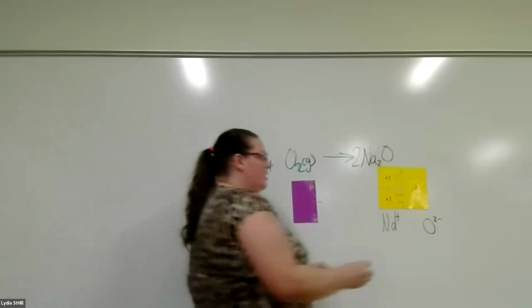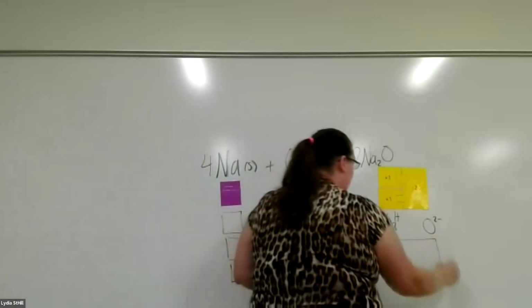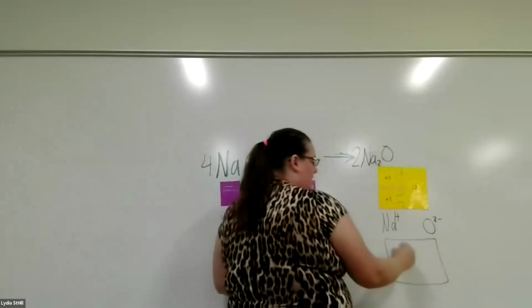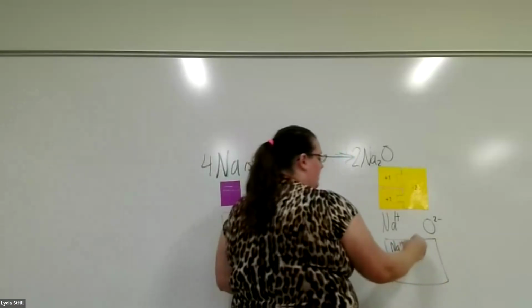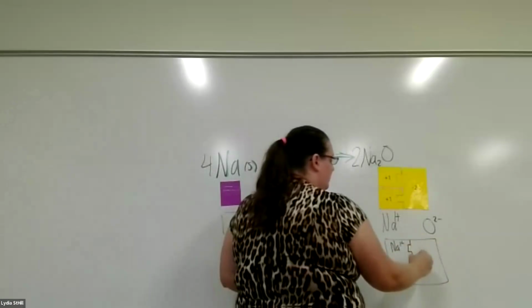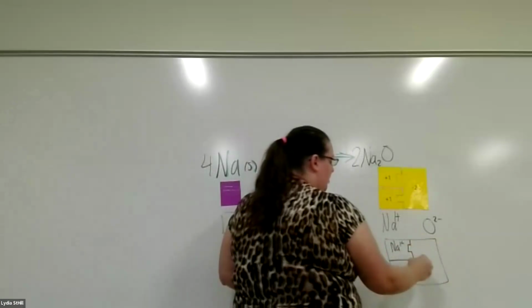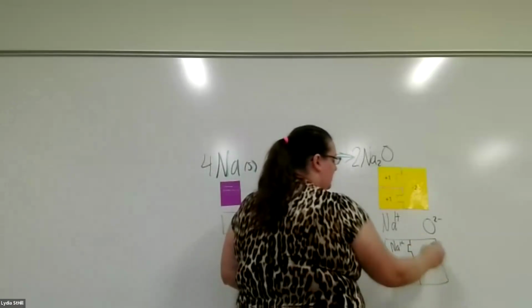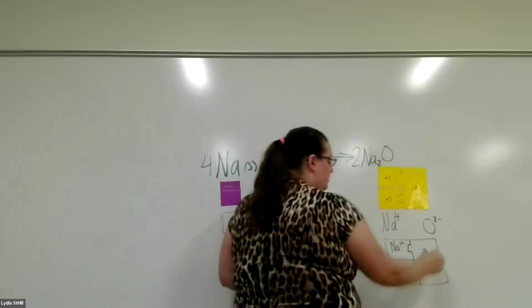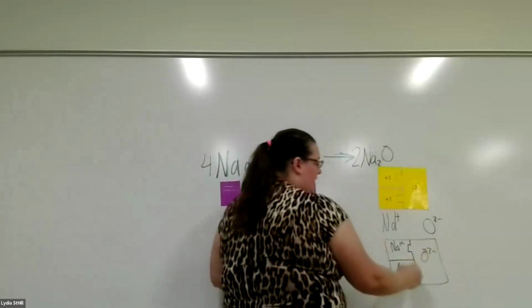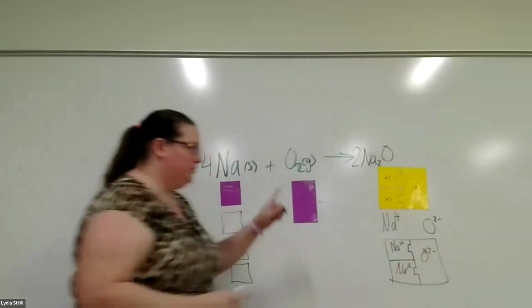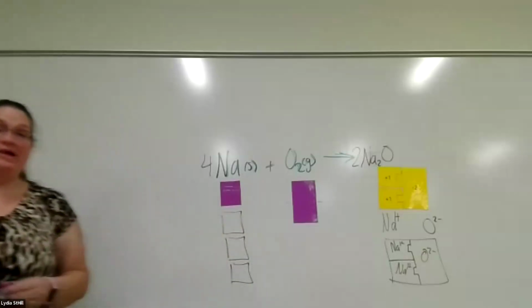And over here, we're going to need a second set of blocks, which is going to be your Na. And we're going to come down here and do our pieces. So this is going to be our oxygen with our 2 minus and our Na with a 1 plus. So now our equation is balanced.